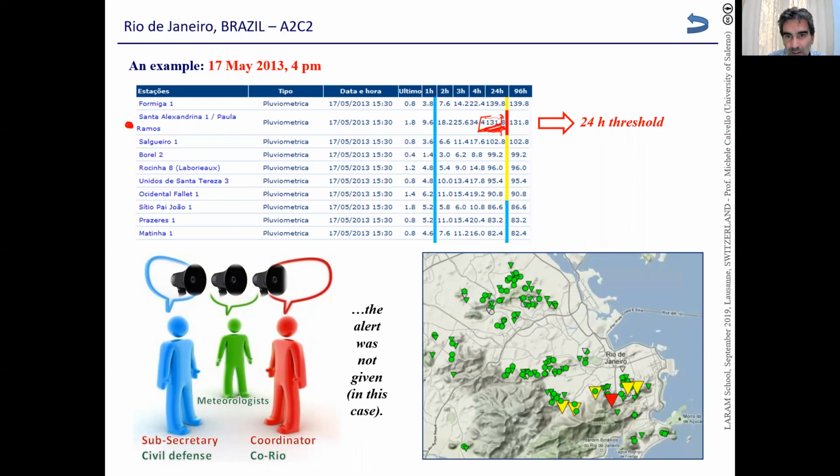So red means supposedly you should issue an alert, but as I said before, there is a consultation between the meteorologists, the coordination of CO Rio, and the civil defense, and in this case, by also looking at the forecasts for the following hours, they decided not to switch on the siren. And indeed, in this case, it was the good decision to take because nothing happened. So it was a correct decision to take.